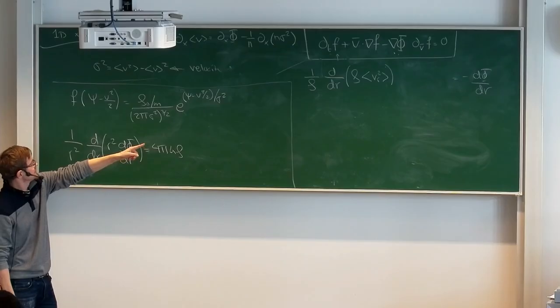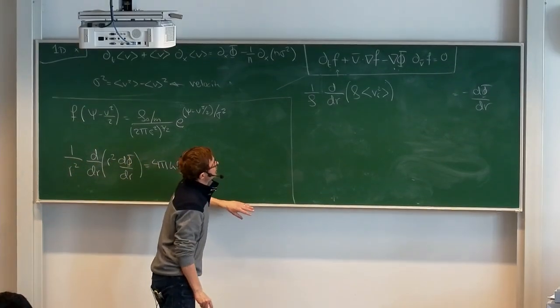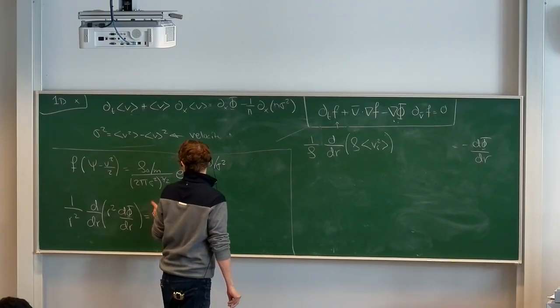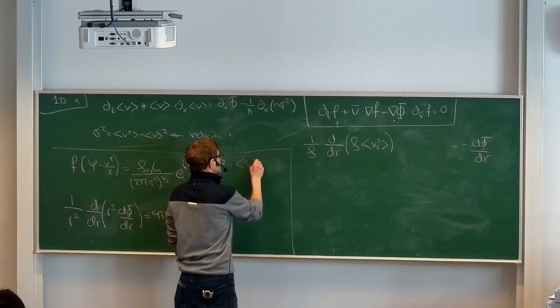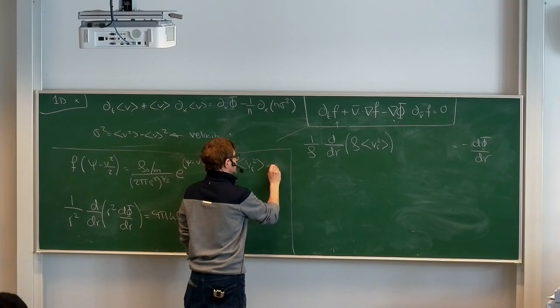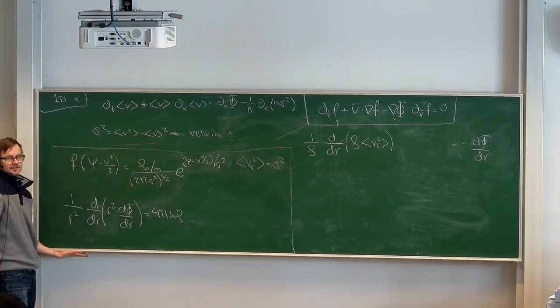Now let's use that one and equate the r squared to sigma squared, the velocity dispersion in this case.